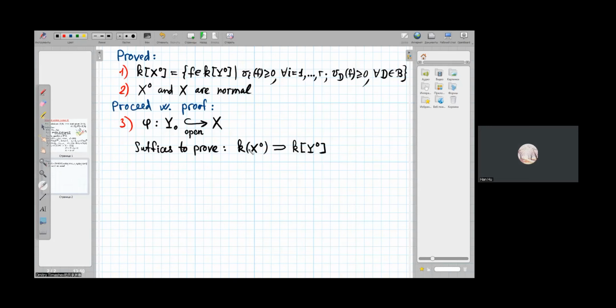This field of rational functions on X is embedded into the field of rational functions on Y naught by the pullback map of phi. So we can identify this field with a subfield of this field. And this algebra is also a subfield of the same field.